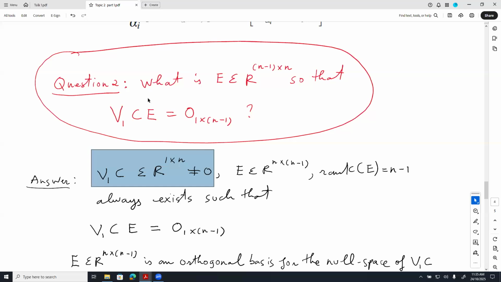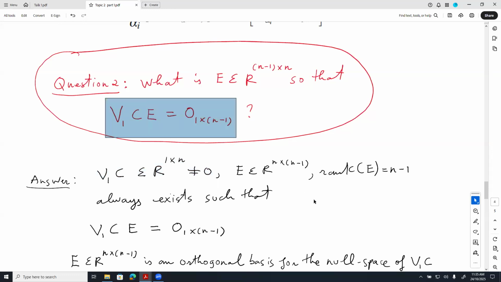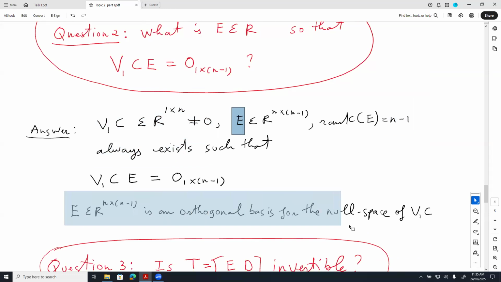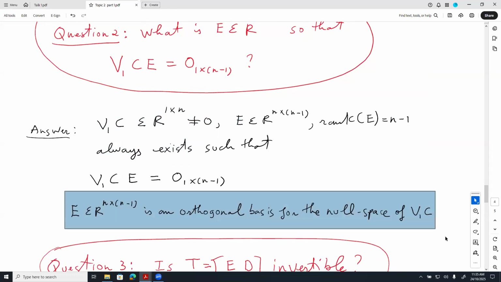And of course, if we want to find a metric E to ensure that V1C times E is 0 and full rank n minus 1, we can see that it always exists. We can always find E. Now, metric E is in fact an orthogonal basis for the null space of the row V1C. A very straightforward form there.